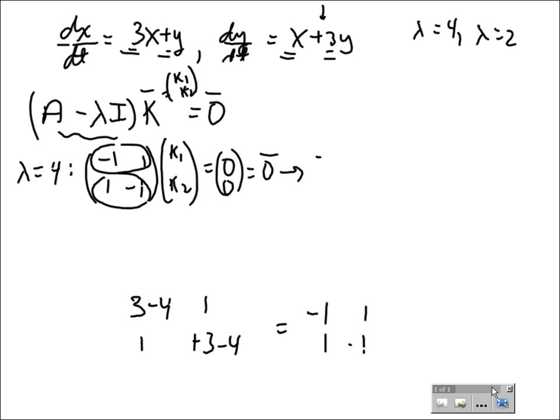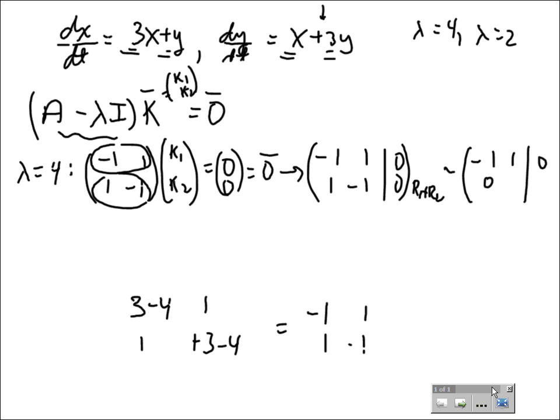Well, that just means I want to solve this homogeneous system. Well, if I just add row 1 and row 2, row 2 is going to be all zeros, and this is row 1. So it's in what's called the reduced row echelon form. This equation says negative k1 plus k2 is 0.